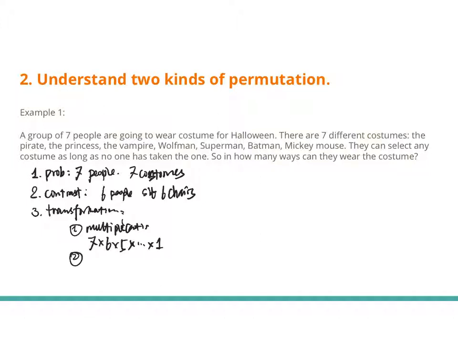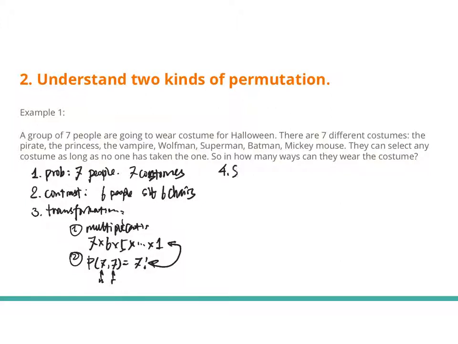And the second way, since we just introduced the permutation formula, is the permutation of 7 people and 7 costumes, which means n equals 7 and r equals 7. So that should be 7 factorial according to the formula. So this and this are actually the same thing, so we got the correct answer.